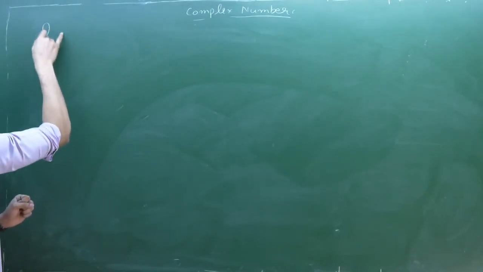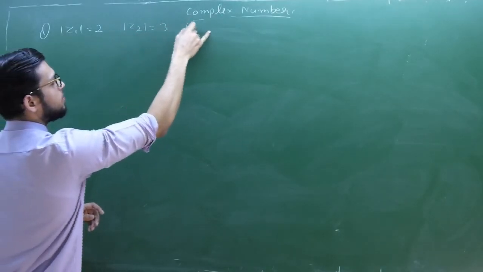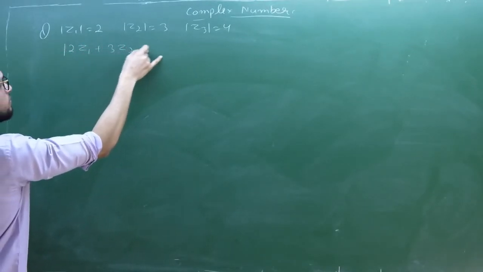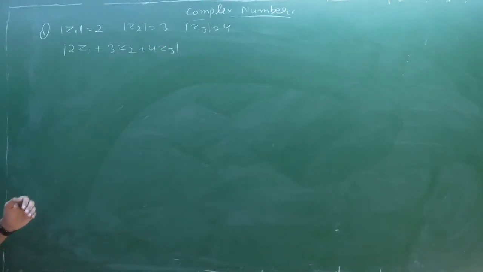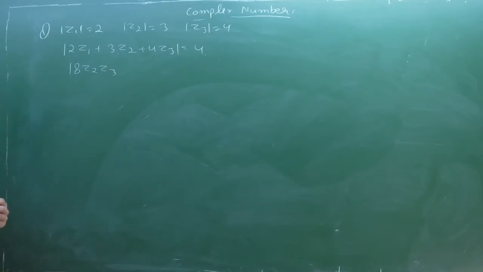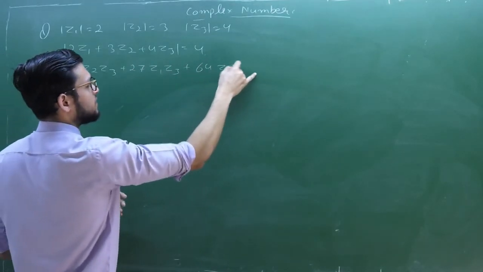If we have mod of z1 equal to 2, mod of z2 equal to 3, and mod of z3 equal to 4, and mod of 2 times z1 plus 3 times z2 plus 4 times z3 is equal to 4, then we just need to calculate the value of 8 times z2 z3 plus 27 times z1 z3 plus 64 times z1 z2.